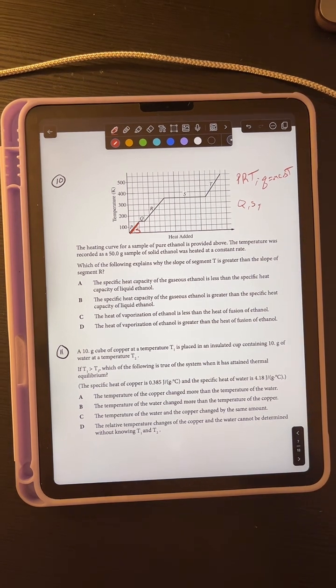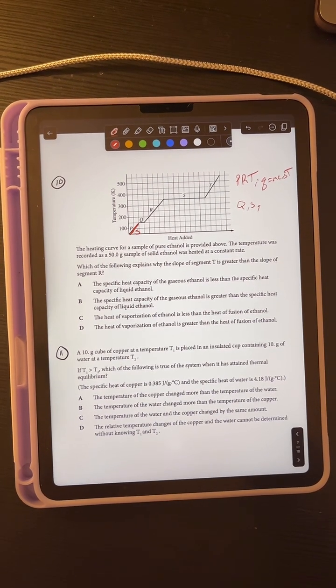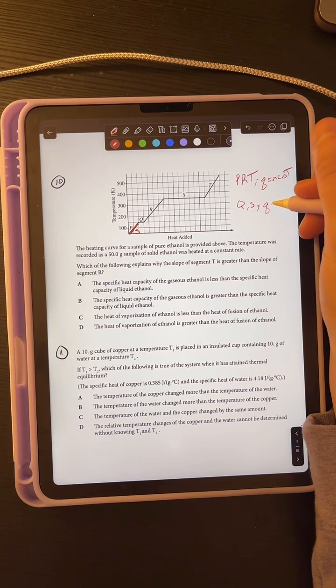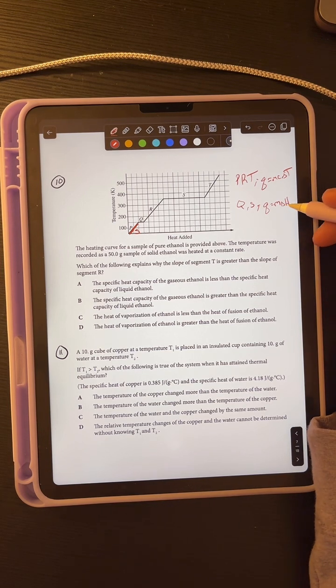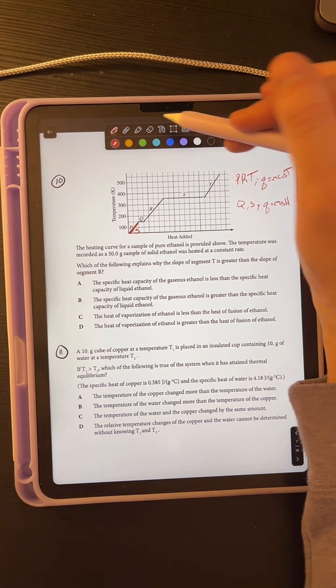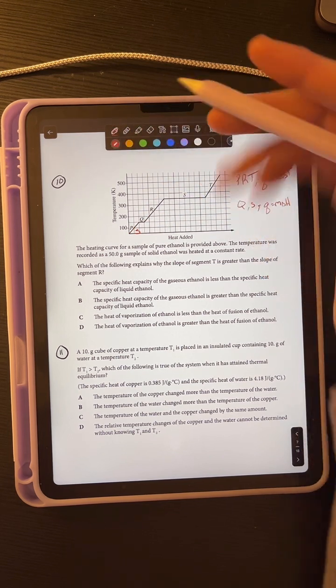So we have to use Q equals our mass times our heat of fusion or vaporization, which is our ΔH. So there are two different things depending on whether or not we're changing temperature.